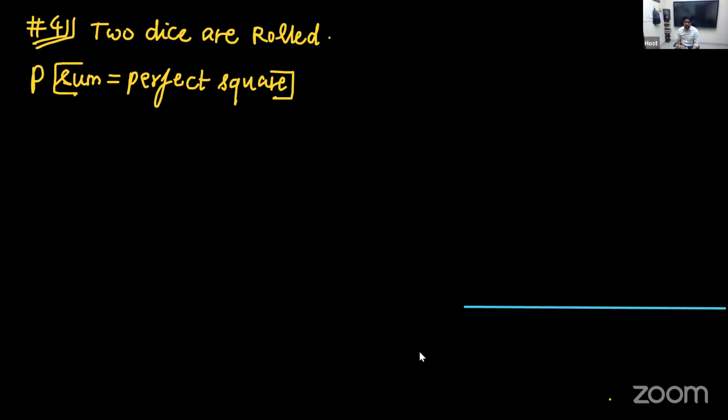First, you might get 1 and 1, so the sum becomes 2, the minimum. On the first you get 1 and on the second you get 2, or on the first you get 2 and on the second you get 1. So the sum becomes 3 in 2 possible ways.